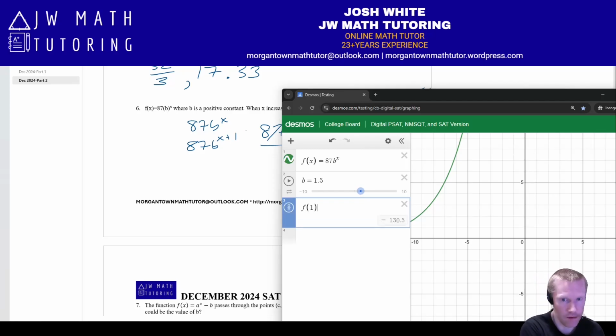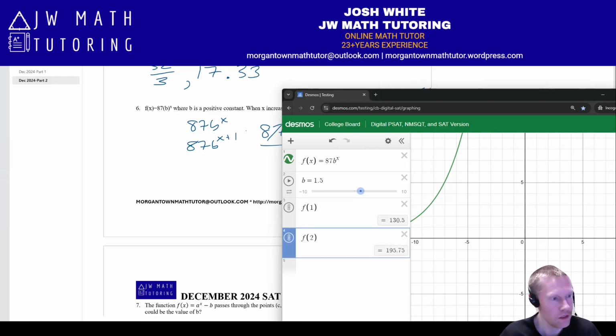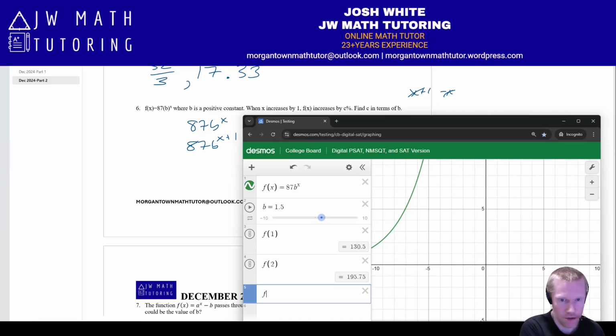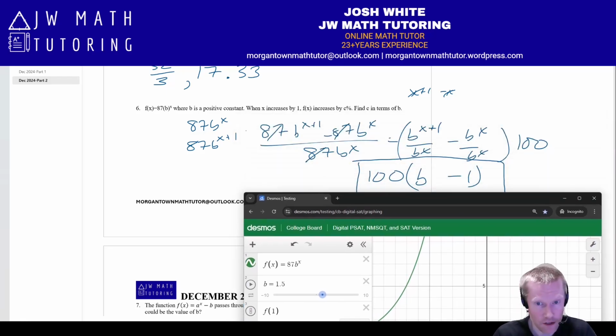So what I'm going to do is find f of 1 and f of 2, and now find the percentage increase between them, which is just f of 2 minus f of 1, divided by the original or the old, which is f of 1. Of course, we have to multiply by 100, so that is 50%.